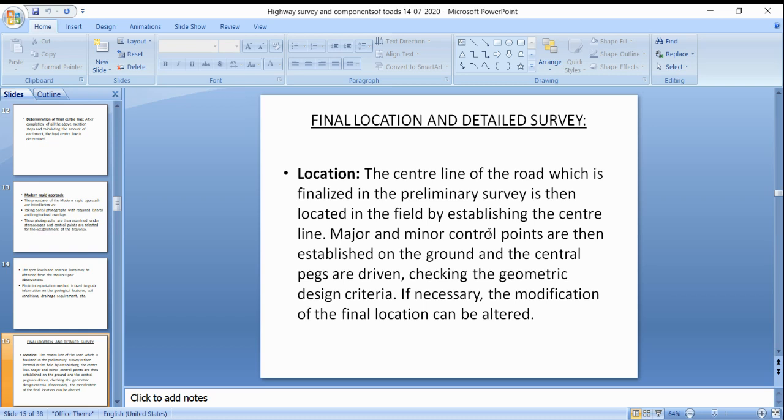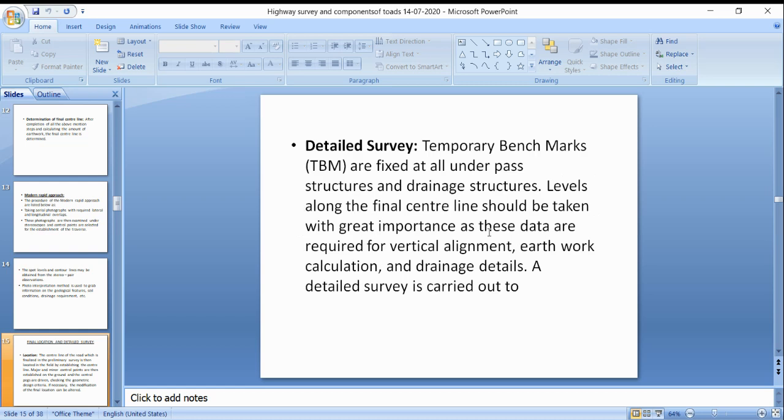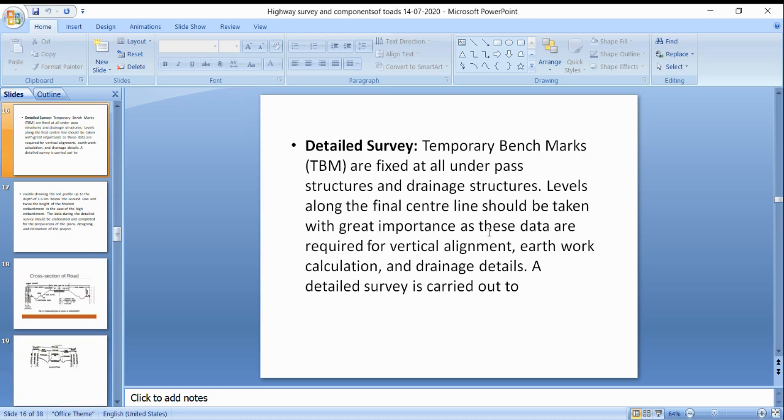We check the geometric conditions of the design we have given, and if there is any problem, the final location can be altered in the location itself. That is about the final location.